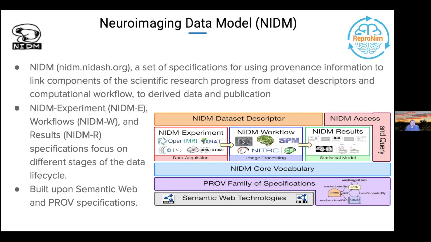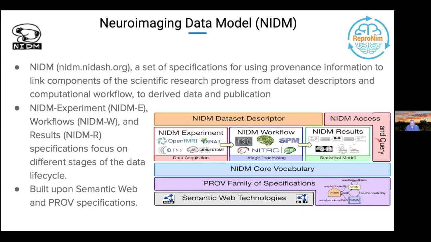NIDM is a set of specifications that provide the ability to use provenance information to link all the components within your datasets together, from the experimental parameters all the way to results data. So, for example, linking subjects that have had T1 scans to their FreeSurfer results that exist in some other folder, but having it in a consistent format that is actually queryable.